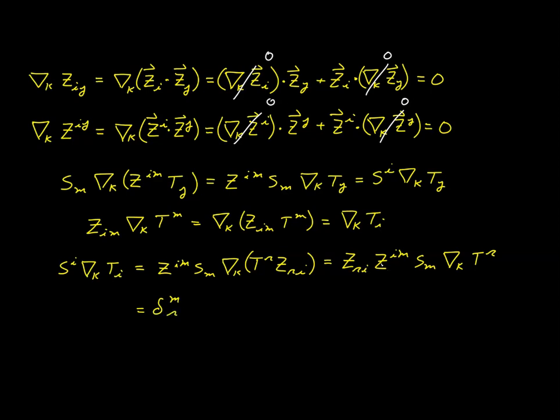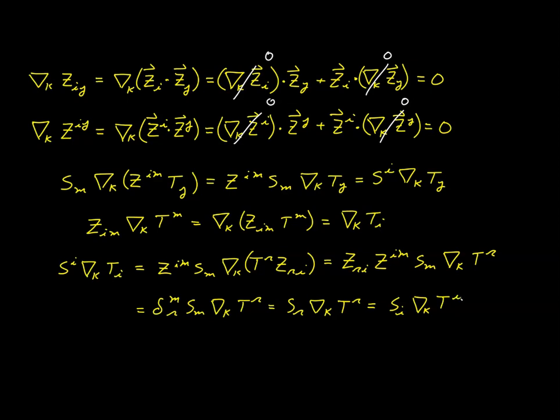Remember, the contraction of these two is, by definition, going to give us this delta factor. So that times S_m times the covariant derivative of T^r, and of course the m index is absorbed, leaving us with S_r. And finally, we can rename the r index back to i, giving us S_i times the covariant derivative of T^i.